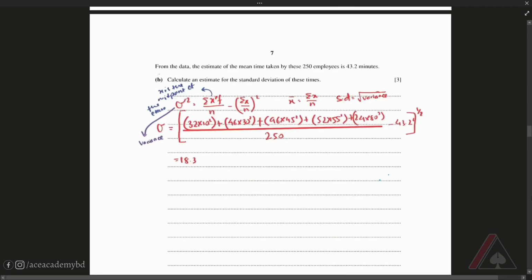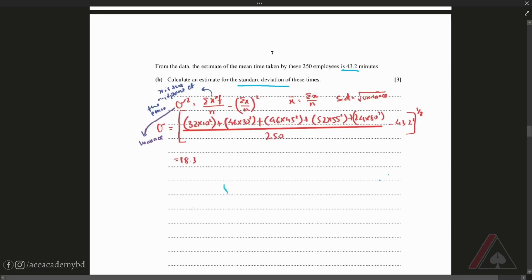And now in the next question, we're given that from the data, the estimate of the mean time taken by these 250 employees is 43.2. So we were given a mean, and we're told to find the standard deviation.